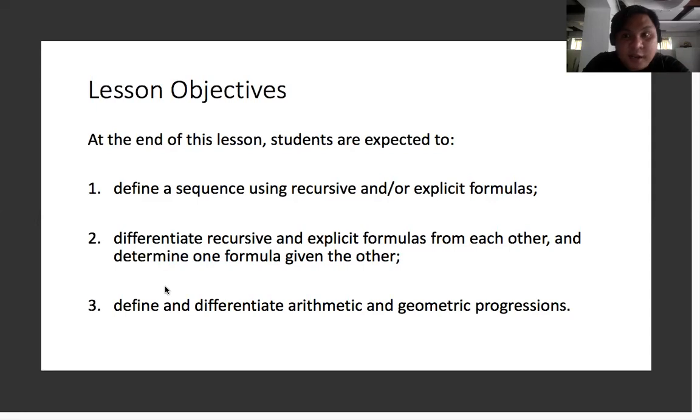So if I give you a recursive formula, later I would ask you to give me an explicit formula. If I give you an explicit formula, you could give me a recursive formula. Then finally, we're going to be defining and differentiating arithmetic and geometric progressions. The last objective is not too much. We're just going to tackle the main definition.